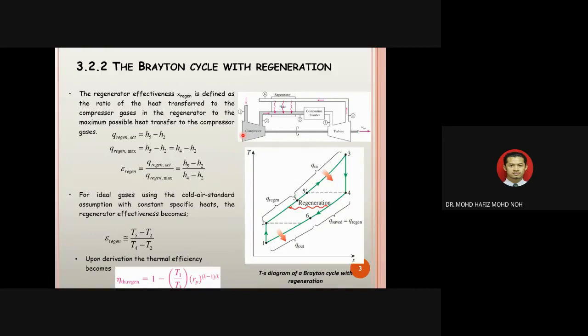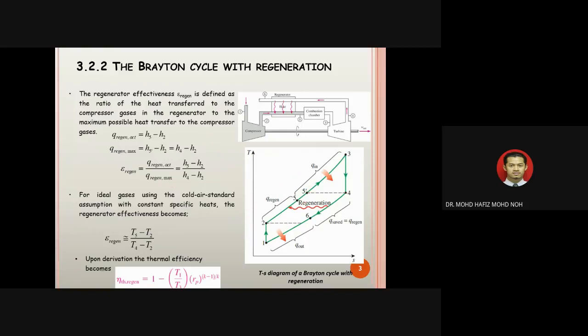The regeneration has an effectiveness, which is the ratio of the actual Q regeneration divided by the ideal, or maximum, Q regeneration.